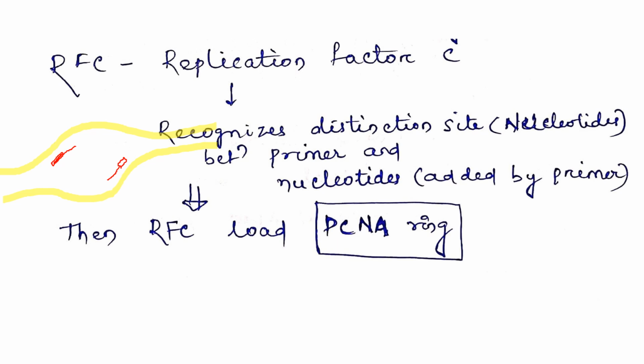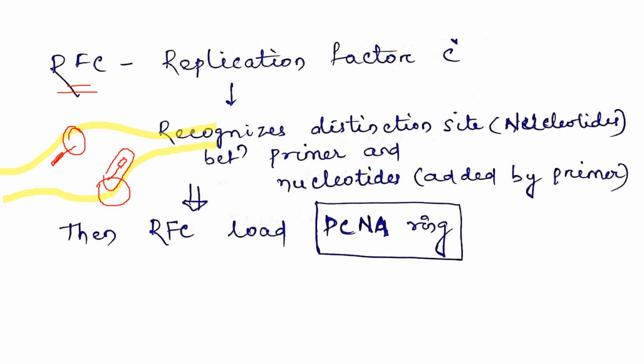Okay, primer, then RFC recognizes this site because this RFC will load the PCNA ring here, because after the formation of primer and some nucleotides, DNA polymerase alpha will be degraded.